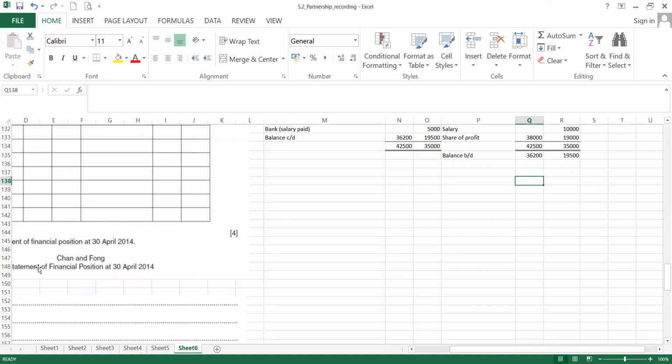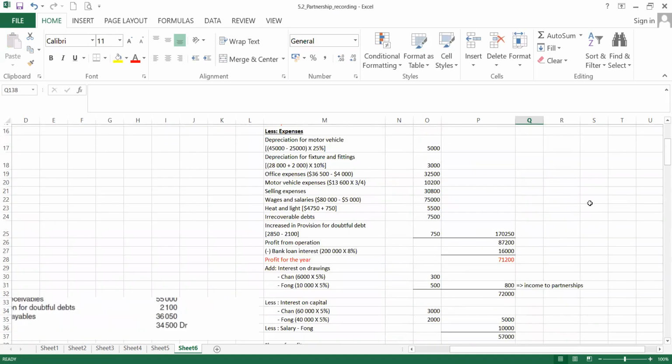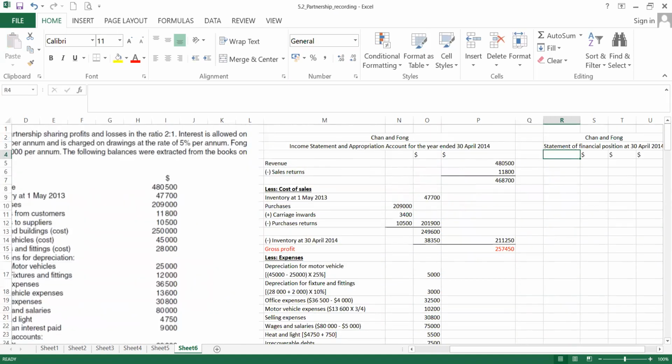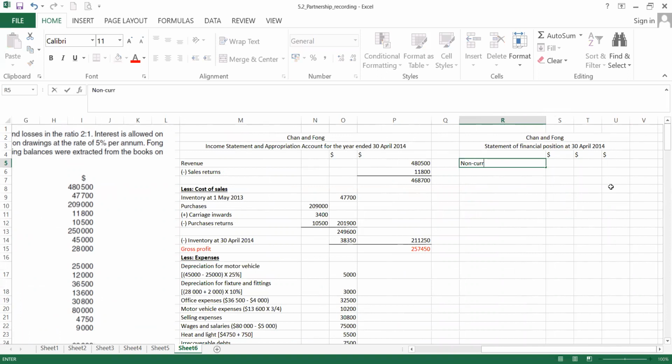Next, they asked us to prepare the statement of financial position. I move into here because it's easier to see side by side. I will introduce the sections first. This is all the sections that you need to take notes on: what is the liability, what is the asset, what is the non-current asset, what is the current asset.